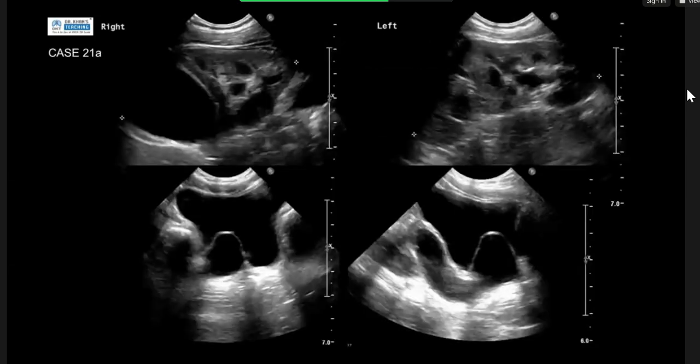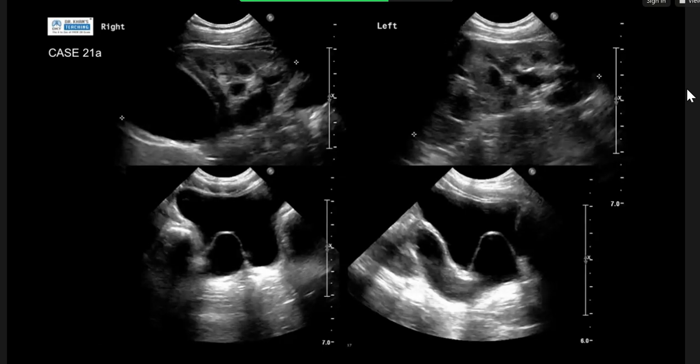Okay, so candidate 3, the next case. I'm looking at the axial images through the kidneys. I can appreciate that there's a large cystic area at the upper pole of the right kidney, and on the left side the left kidney appears normal in appearance.